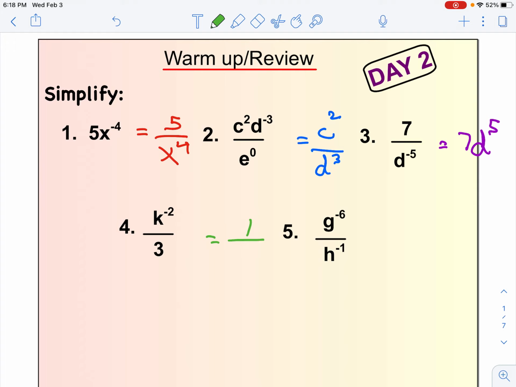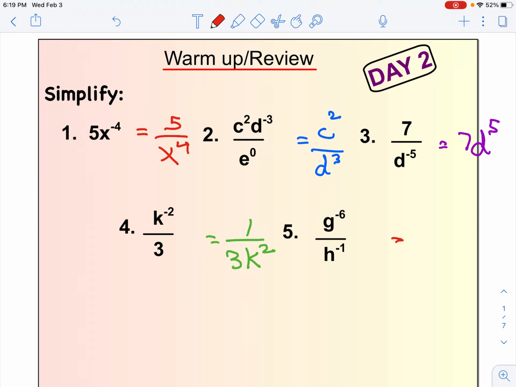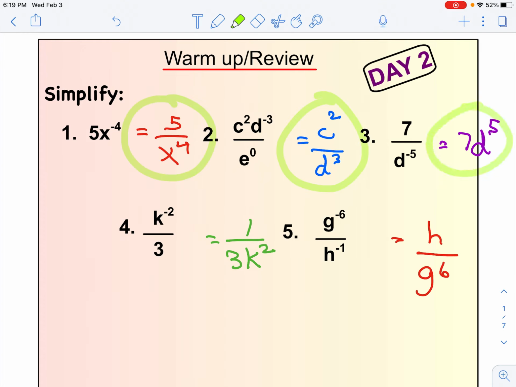And number 4 would be 1 over 3k squared. And the last one is h over g to the sixth. Now, if you got these right, keep going and work on today's lesson. If not, then stay here and listen to the explanation and make sure you understand what you're doing.